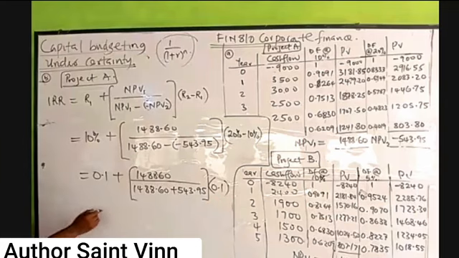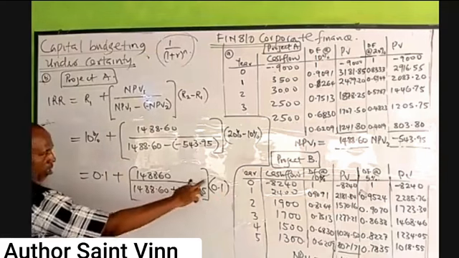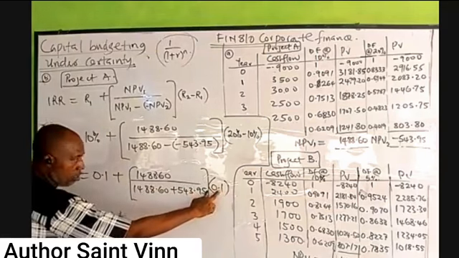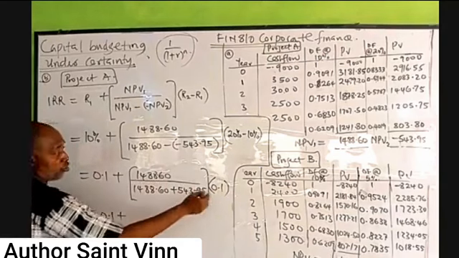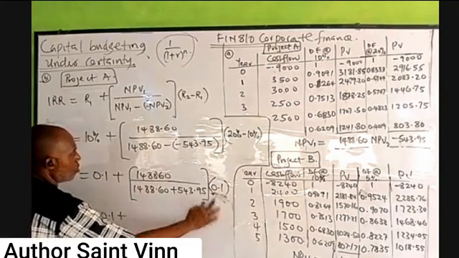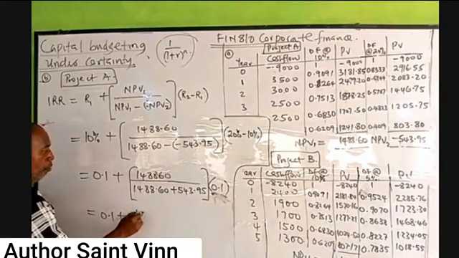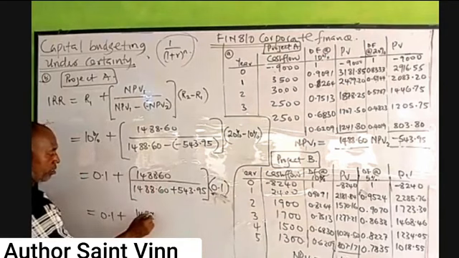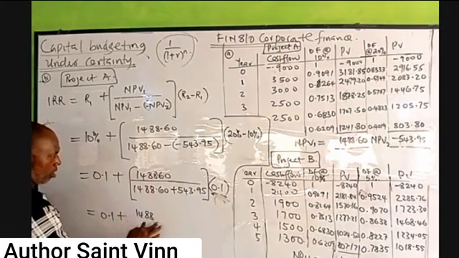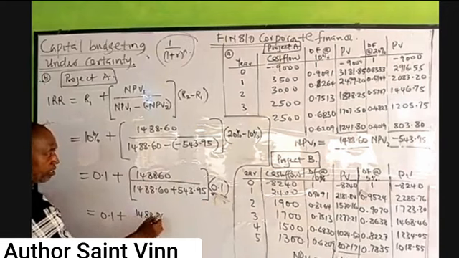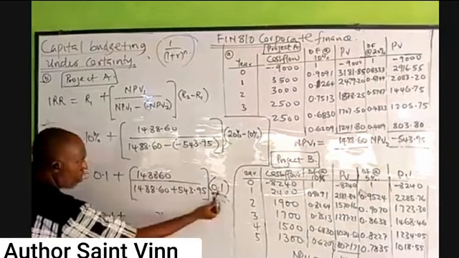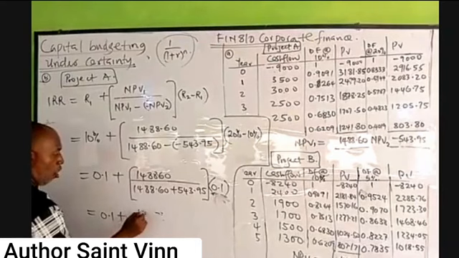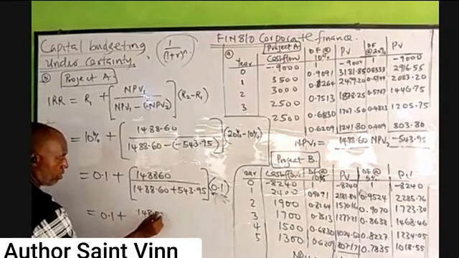So what we are going to do now is to say 0.1 plus this 0.1, this times this. The numerator is over 1. So 148.8, 0.86, 148.86.